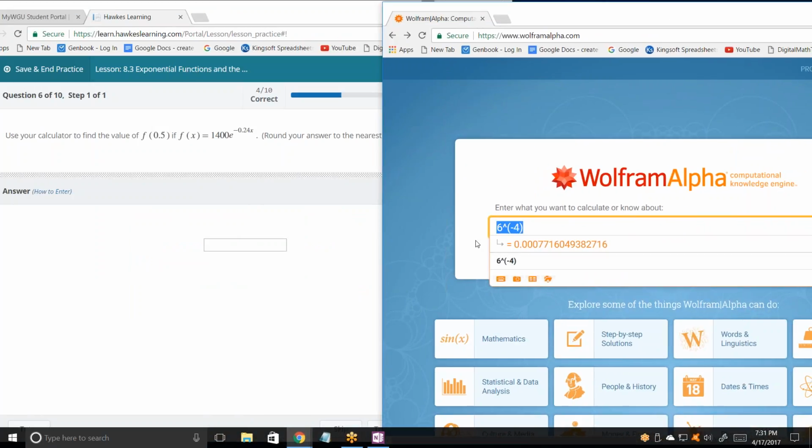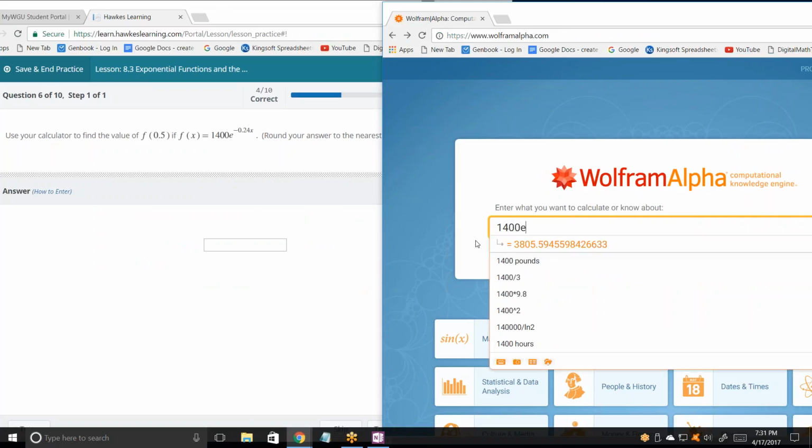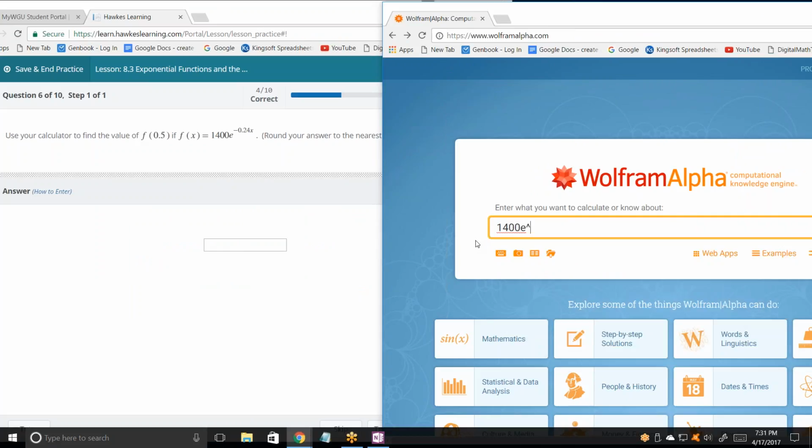Hold on. Before you give me an answer, make sure it looks just like this. I can just type E to the, and I'm going to put parentheses around it, 0.24 times 0.5.